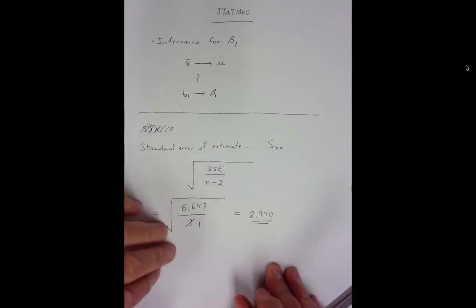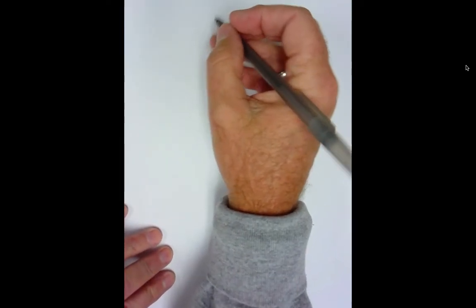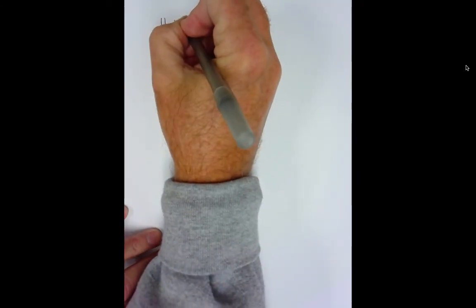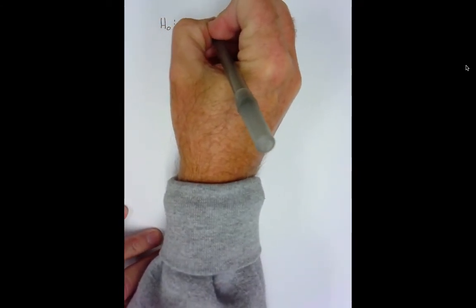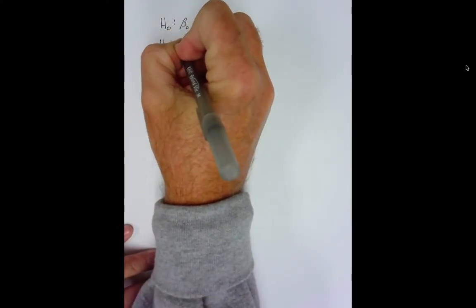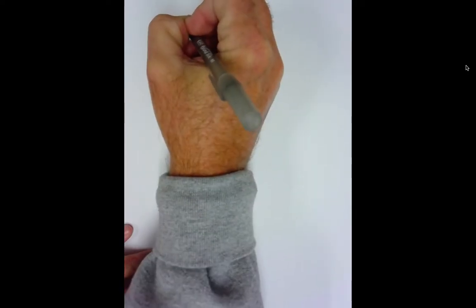Much more importantly, what does the inference procedure for beta 1 look like? Well, as you would expect, it starts out with a statement about the null hypothesis. And we assume that the slope of the regression model is equal to 0 unless, guys, I am messing up big time.